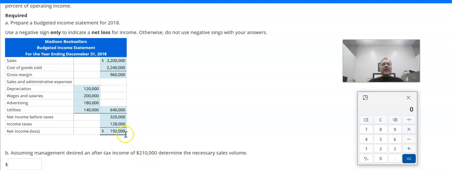Notice that we already have an after-tax income of 192,000 based upon $3.2 million in sales. So we have to recognize that whatever our answer is going to ultimately be, it will be some number that is bigger than 3.2 million.